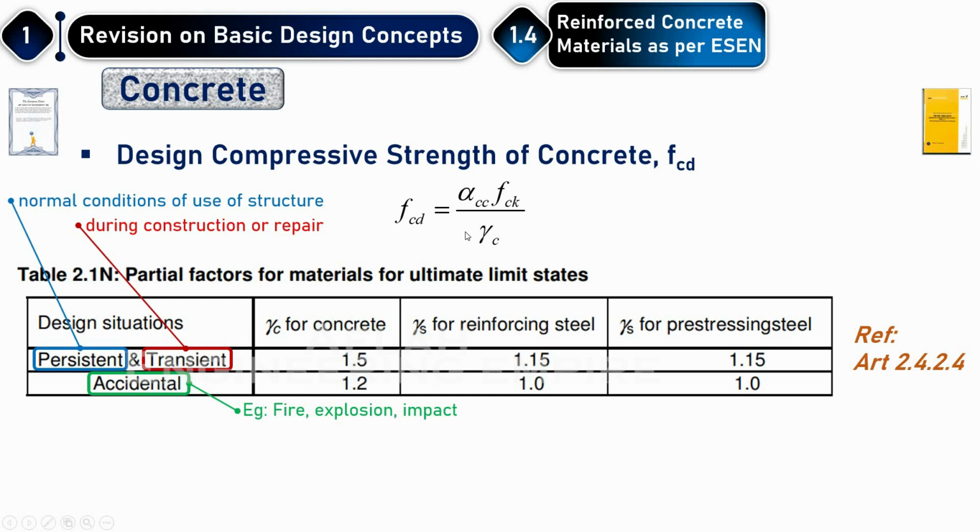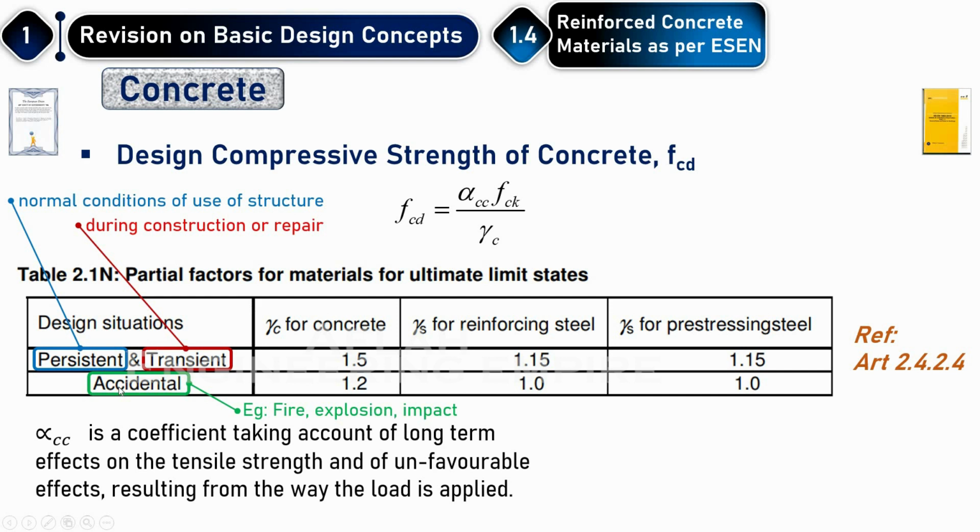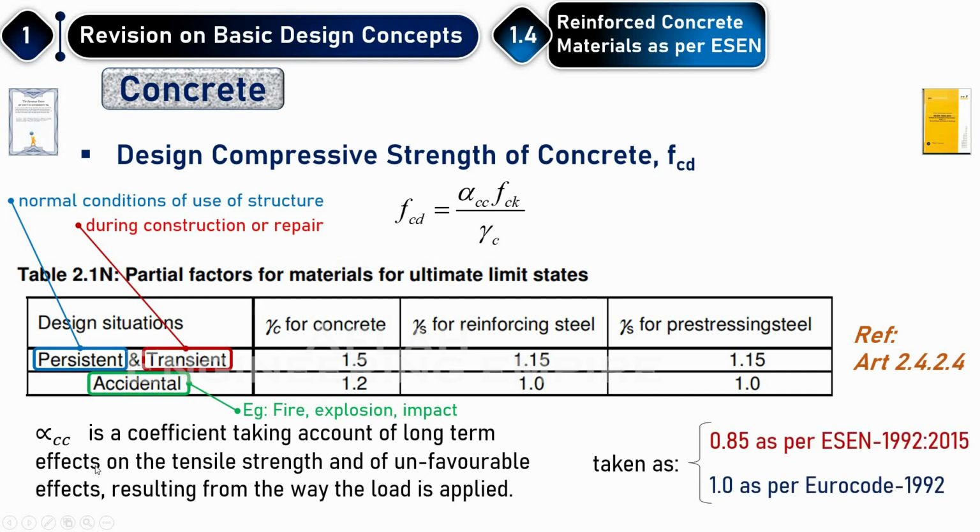What about alpha cc? It's a factor that takes into consideration the long-term effect on the strength. Now this factor is given as 0.85 in the Ethiopian code and as 1 as per Eurocode 1992. So which one gives us a more safe or more conservative result?